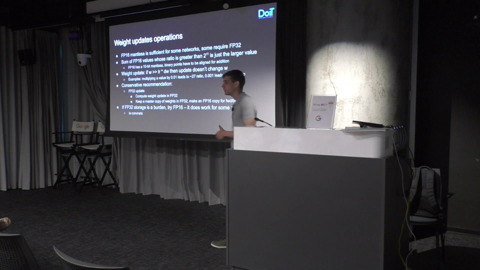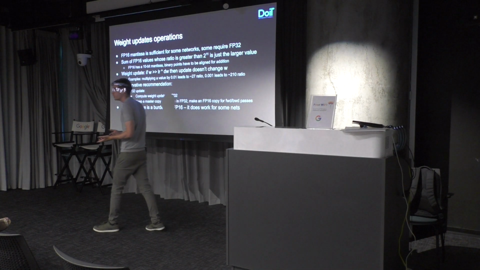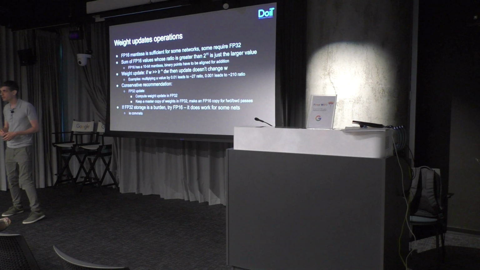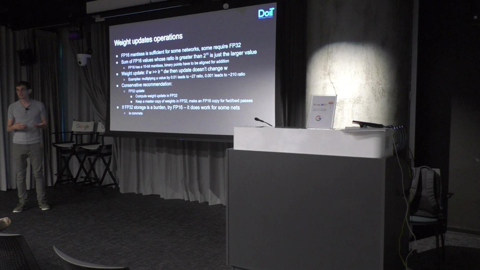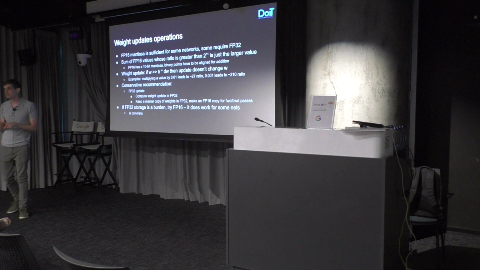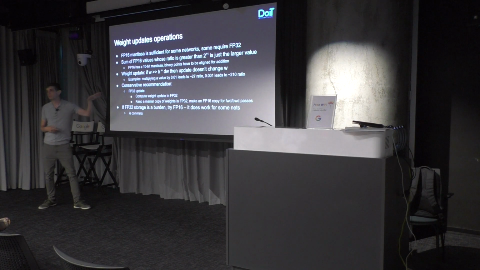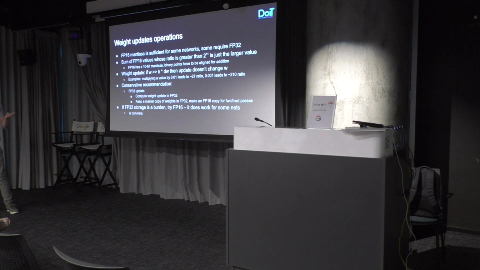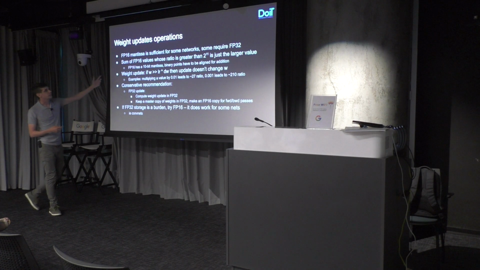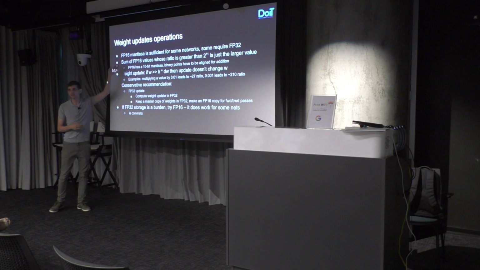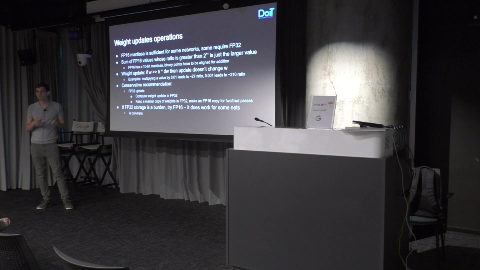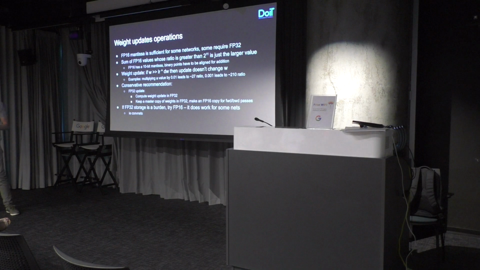So weight updates. We all know that neural networks have weights. These are usually marked with the letter theta. And these weights have to be both saved and updated during the training. While NVIDIA was developing their neural architecture, they were measuring the probability distribution of weights in the network during the training, to actually see what sizes of weights they're getting.